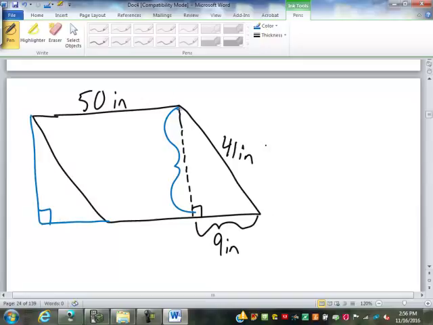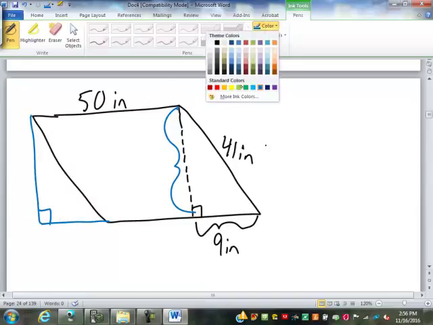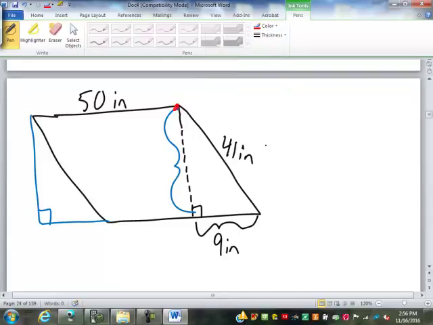Okay, here's the thing. If I brought this over to the other side here, does that change this length at all? It doesn't. That's still 50, isn't it? So this is a rectangle. It's still 50, and it still has a height of this. So either way, we still have to find that height.